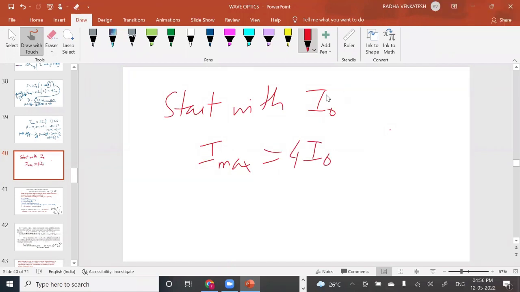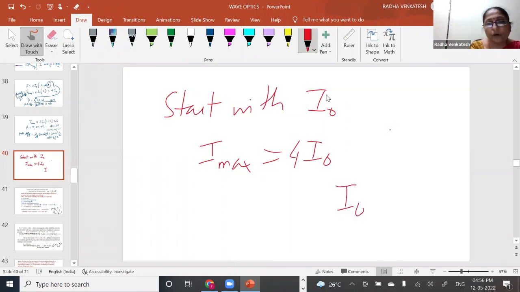But in some of your board questions, what they will tell is, in a YDSE experiment, the I max value is I naught. The maximum for constructive interference, the intensity is I naught.